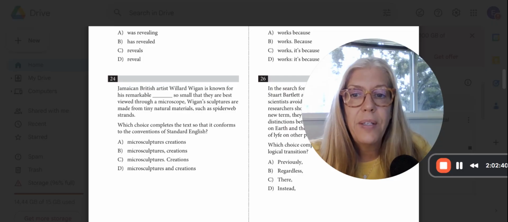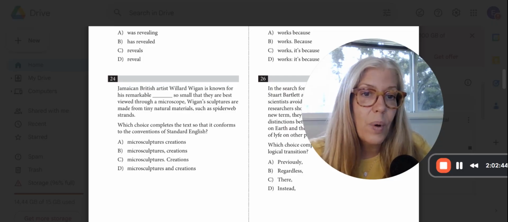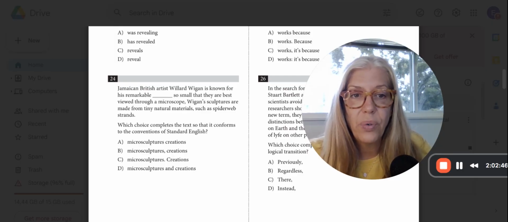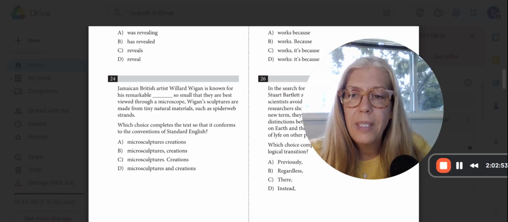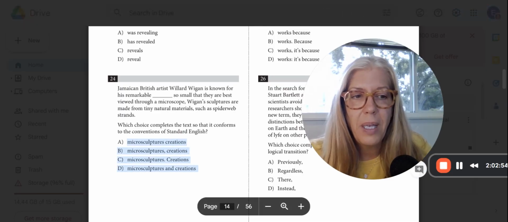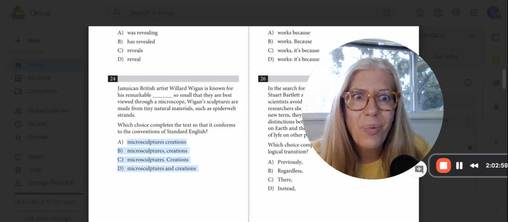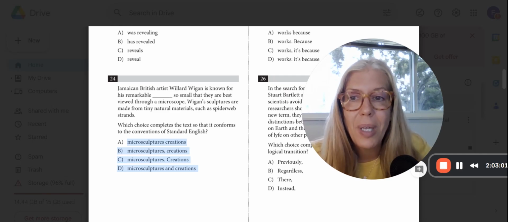Now, when I get to these ones, I automatically think, I like how they're set up, and what they're testing me on is what punctuation goes. That's what they're doing. So on here, I could tell they were looking for subject-verb agreement. Down here, I know that they're just testing me on what punctuation, what boundaries we need.